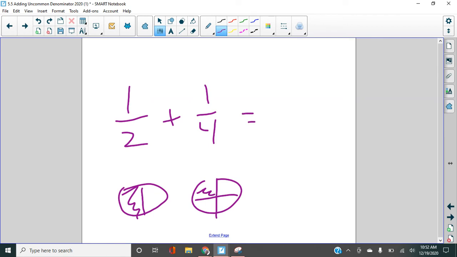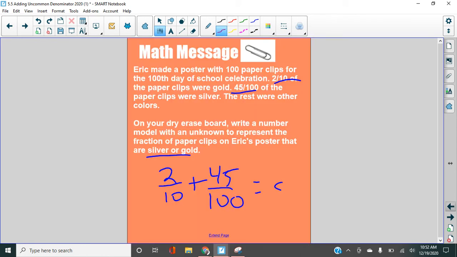But watch, if I use that strategy, add the bottoms and add the tops, look at this mess. Now I have 2/6, an answer that's less than half. So you do not add the bottom numbers. Remember that, never, ever add the denominators.